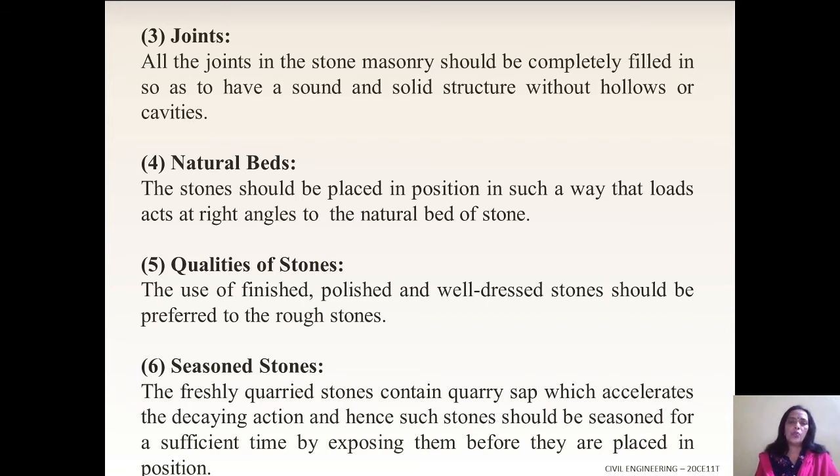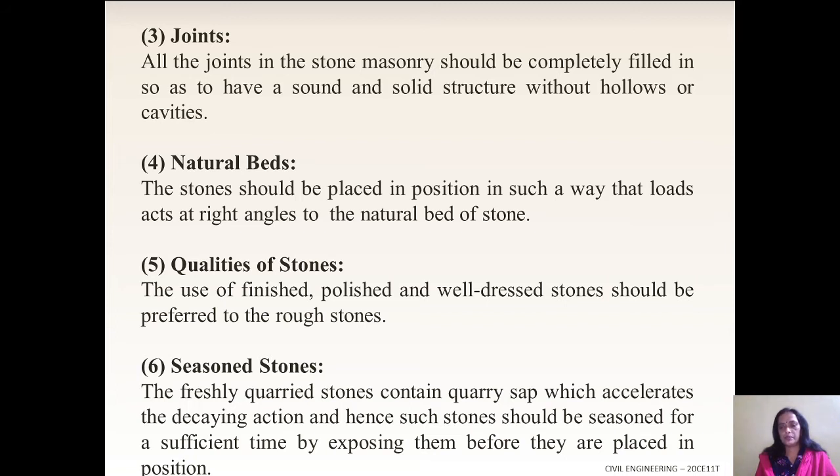Apart from that, we have to use uniform sizes of stones instead of various sizes of stones in the stone masonry, which increases the joints. If you are avoiding the joints and making it a continuous and well finished surface in stone masonry, it also avoids the decaying.